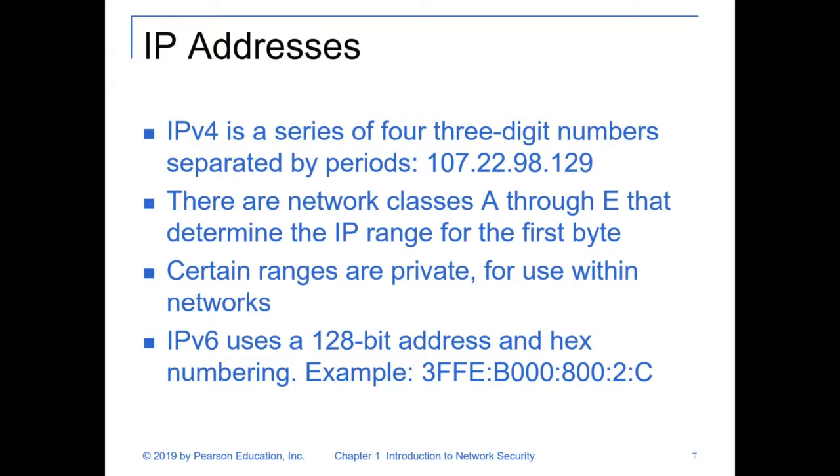Networks can be private or public. Certain ranges are going to be private, used within a network. There is also IP version 6, which uses a 128-bit address and hex numbering, as we see in the example on the screen here.